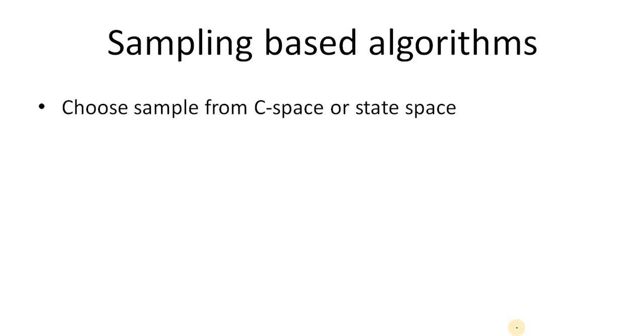So in general, how does a sampling based algorithm work? The first thing is to choose a sample from your C space or state space. Let's say this is our configuration space, and we have an obstacle here.